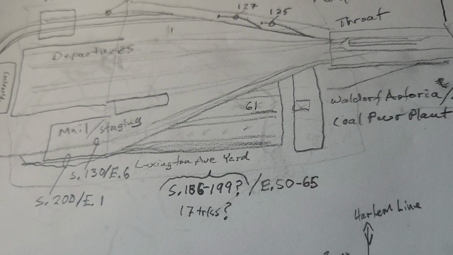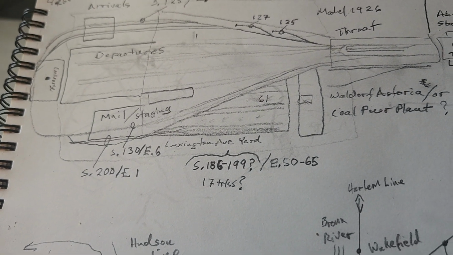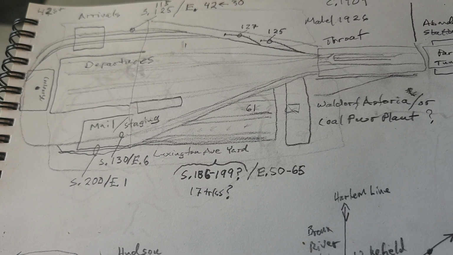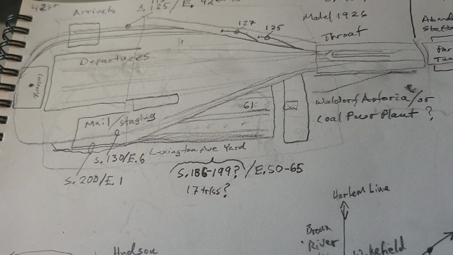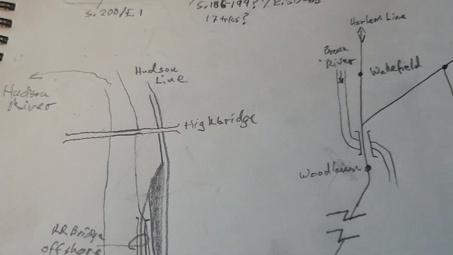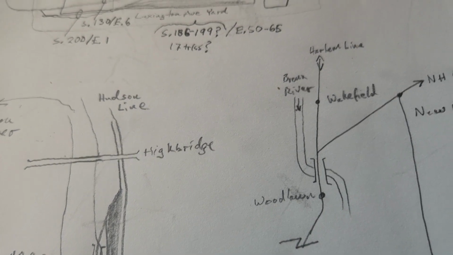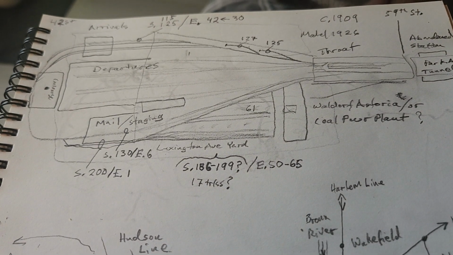So this is where I'm at, mainly doing research on how Grand Central Terminal operates, because even though I've been there many times, how I wanted to model it was not just to show the terminal.